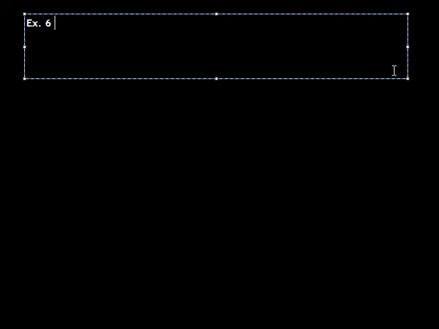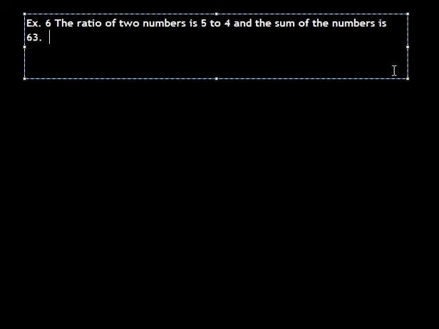The ratio of two numbers is 5 to 4, and the sum of the numbers is 63. What are the numbers? Okay, this is a ratio word problem.